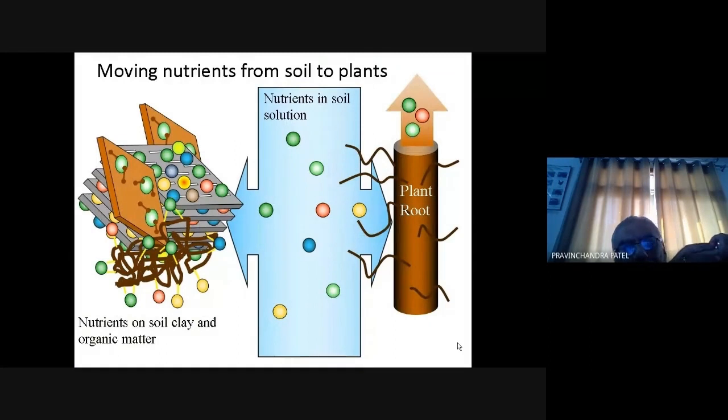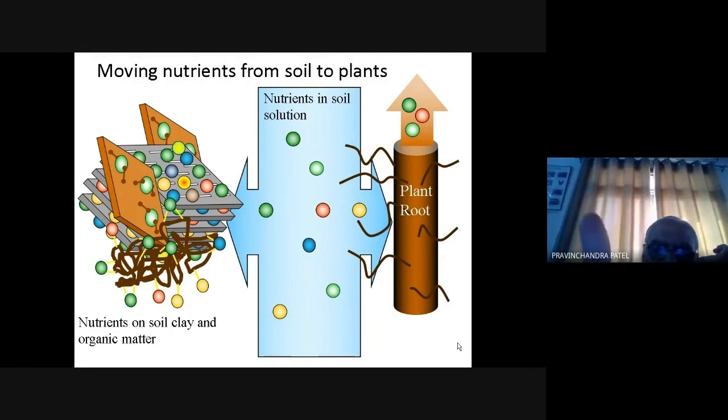Then moving nutrients from soil to plant. The nutrients are present on soil clay and organic matter, and nutrients are also present in the soil solution. Then plant root. I told that when there are cations, then hydrogen ion, a positive ion, is released here.